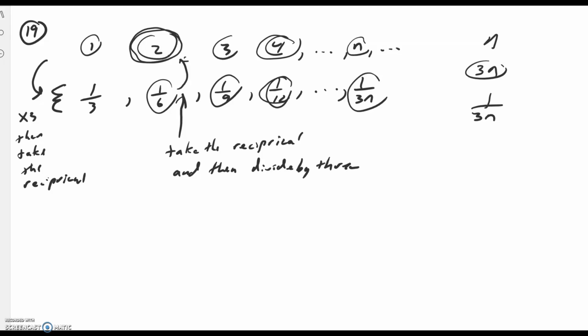So let's try it. You take the reciprocal, you get 6. You divide by 3, you get 2. Take the reciprocal here, you get 12. Divide by 3, you get 4.